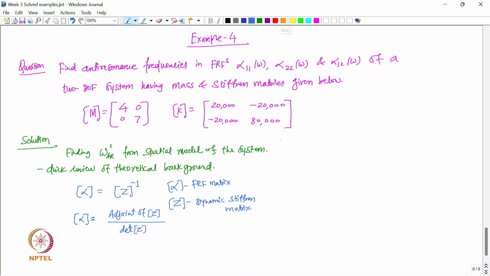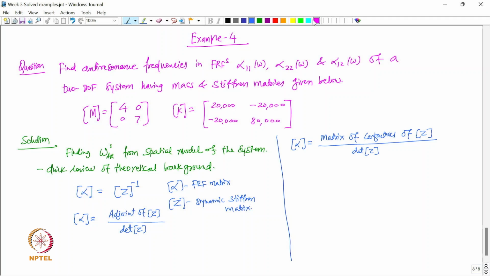And what is adjoint of Z? We know that the adjoint of Z is nothing but the matrix of cofactors of Z, right. So, this is for the FRF matrix.